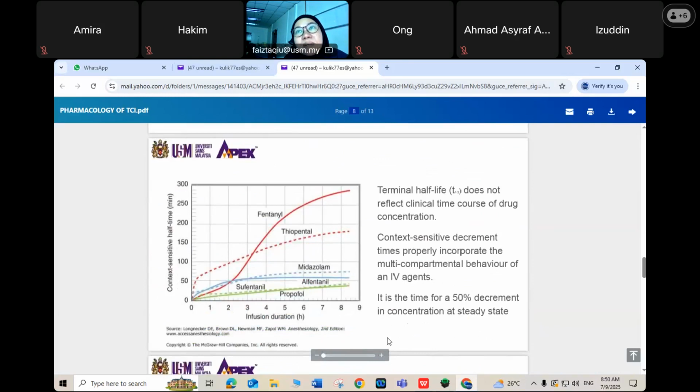Alright, so this is a bit about the context half-times, because when we talk about TCI, why do we use TCI? Because we know the behavior of the drug once you stop the infusion. So in an exam, when we talk about advantages of using TCI, you should also mention the knowledge about the context-sensitive half-time for the drugs that we use for TCI.